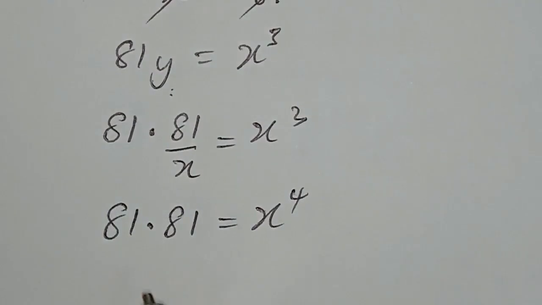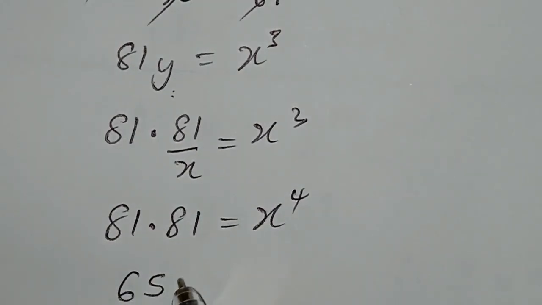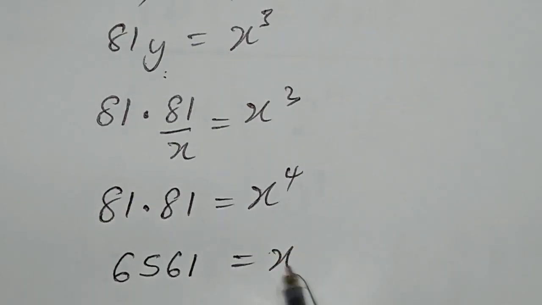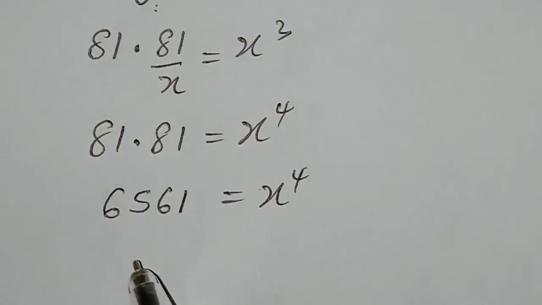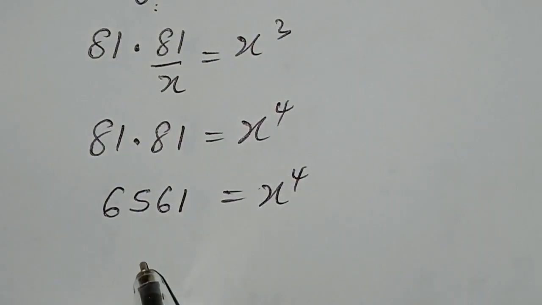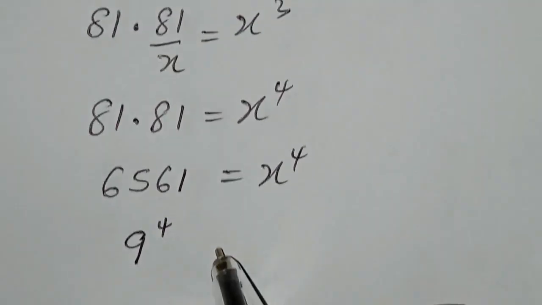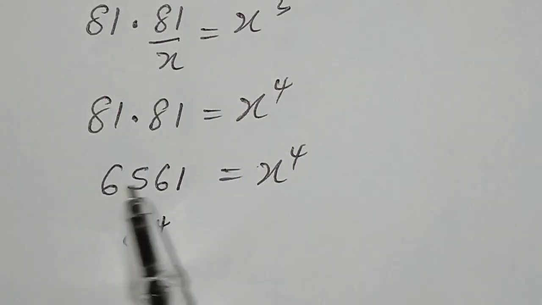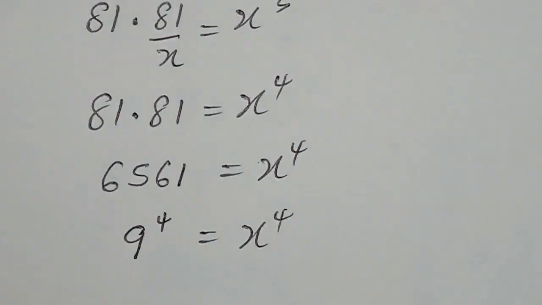So 81 multiplied by 81 is 6,561, which equals x to the power of 4. Now we can simplify this to be equal to 9 to the power of 4. Multiplying 9 four times will give us this value, equal to x to the power of 4.